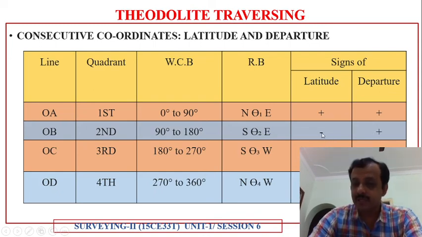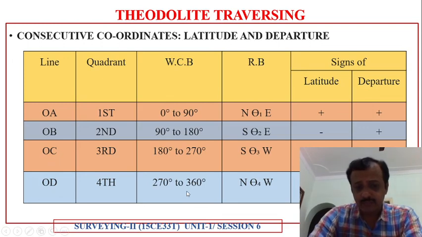In the third quadrant, the angle lies between 180 and 270 in whole circle bearing, and in the reduced bearing system it is south theta 3 degrees towards west. It lies in the third quadrant, and both latitude and departure are negative.